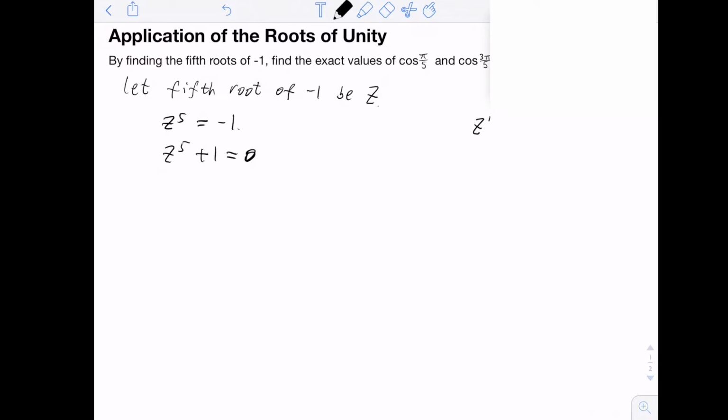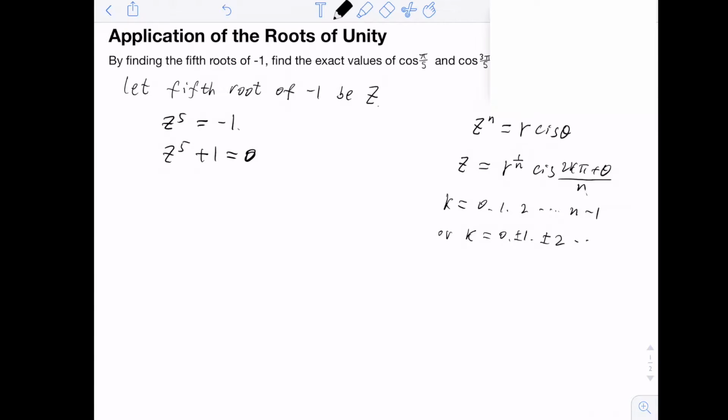If z to the power of n equals a complex number in mod-arg form r cis theta, then by de Moivre's theorem z equals r to the power of 1 over n times cis of (2k pi plus theta) over n, where k can be 0, 1, 2, all the way to n minus 1, or k can equal 0, 1, -1, 2, -2, etc.